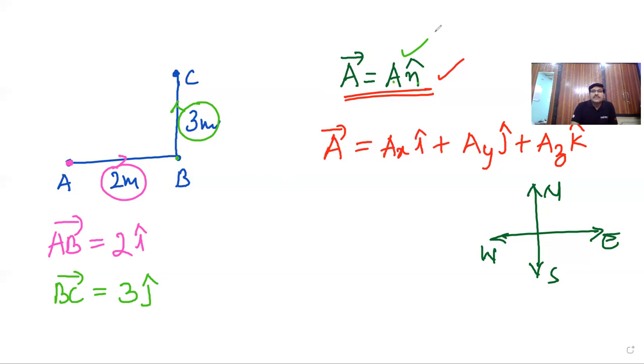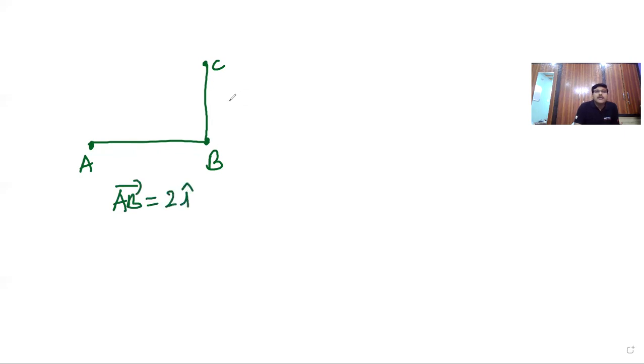Now, let us put these things in a simple manner. This is A, initial point. This is B. This is C. Now, AB bar. Just now we have noted 2 I cap.